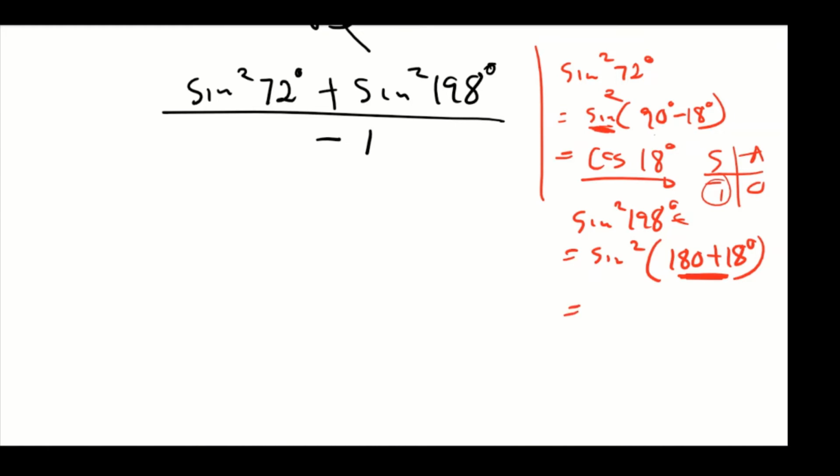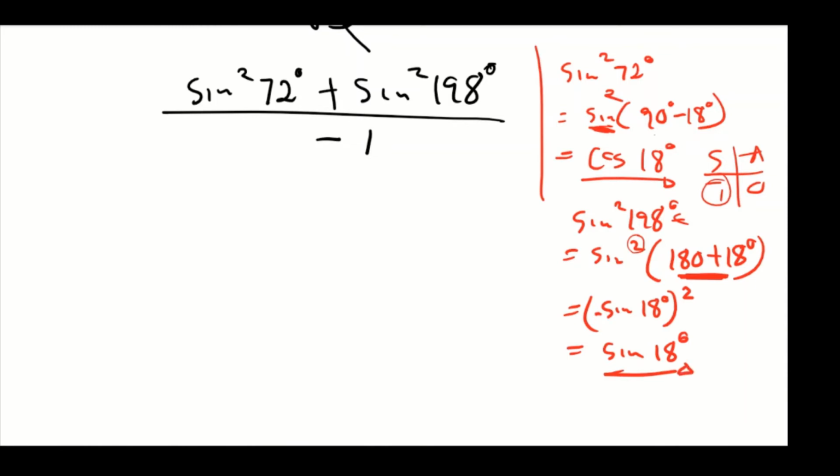It's going to be sine of 18 degrees, but negative. But you know that this thing is to the power squared, meaning that it's going to be positive sine of 18 degrees. So this would be your answer for this expression here.